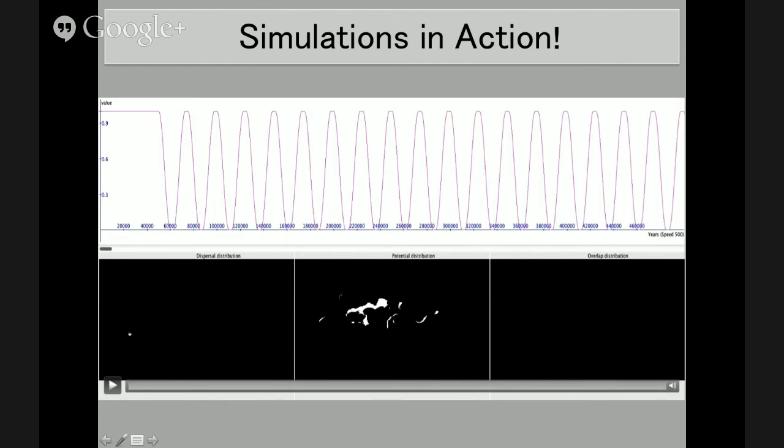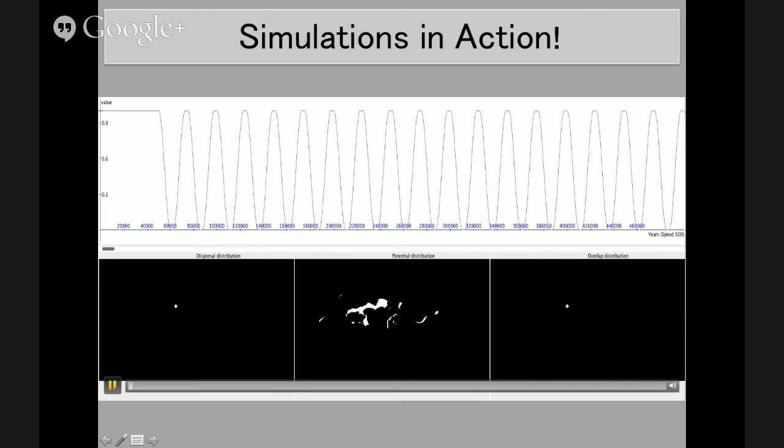That's where essentially a species is able to disperse to. The middle panel is the potential distribution. That's the species' existing fundamental niche at a given time, and that niche, or potential distribution, is going to change as the climate changes. And then finally, we have the overlap of the two. So that's just where the species is actually able to get to.